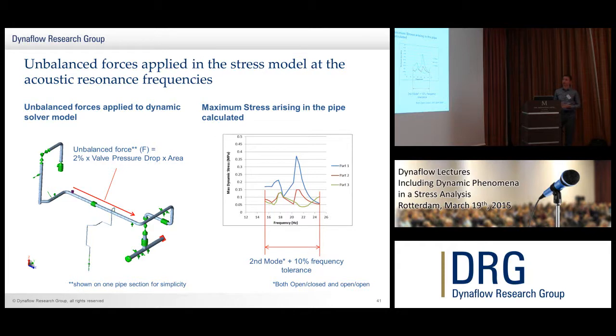Okay? We applied the unbalanced forces to the piping system. So we applied the unbalanced force as 2% of the valve pressure drop times the area. Just for simplicity, I've just shown one, but we applied that for all the straight sections of pipe, and also made some compensation for very short sections. And what I show on the right is the frequency response based on the second mode.